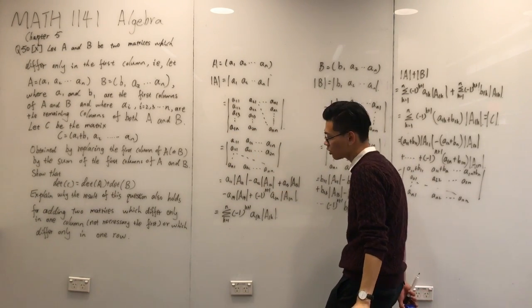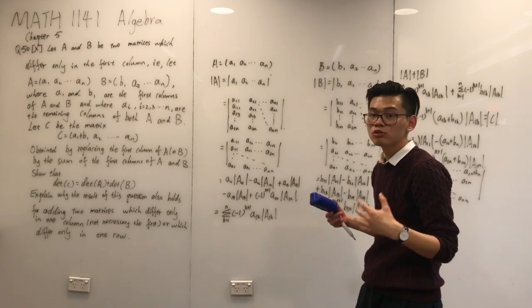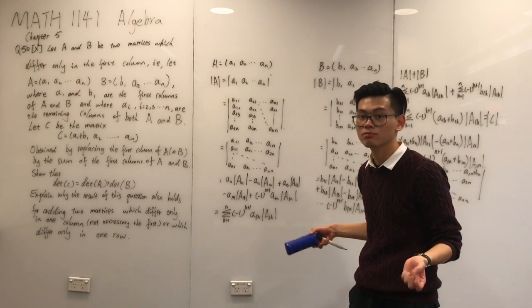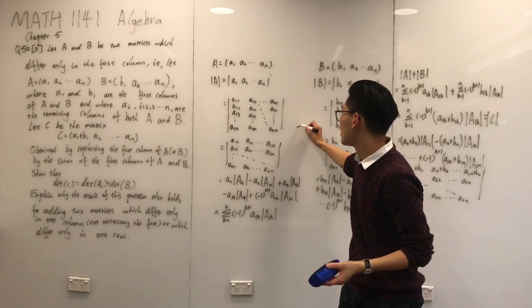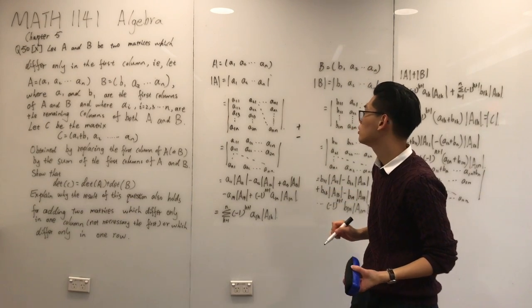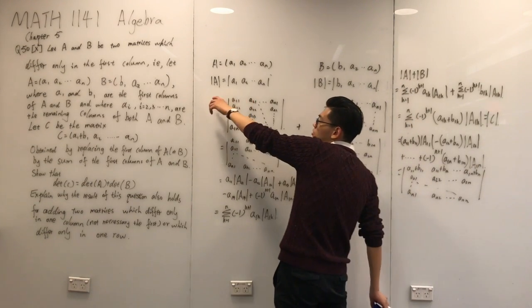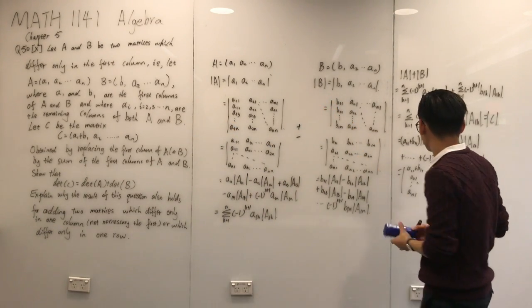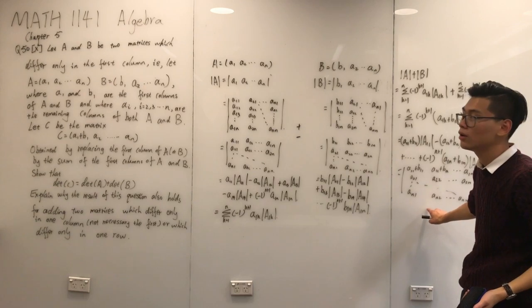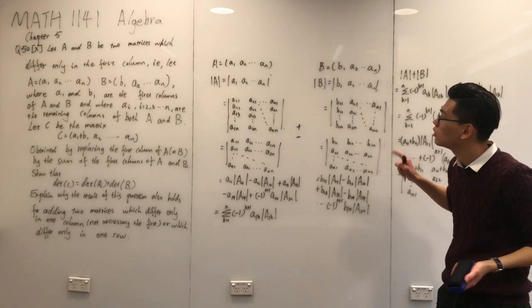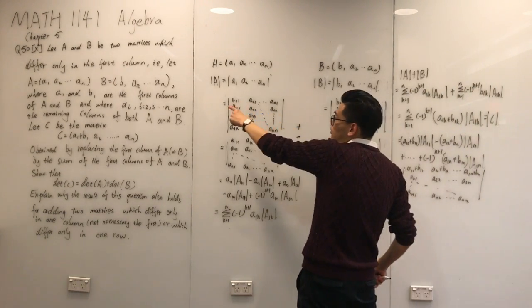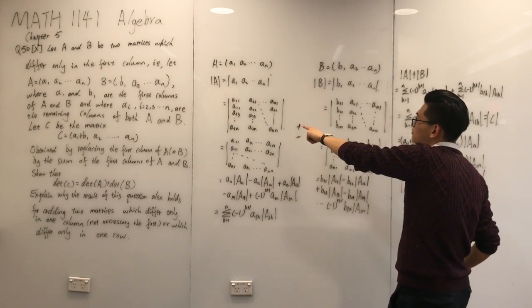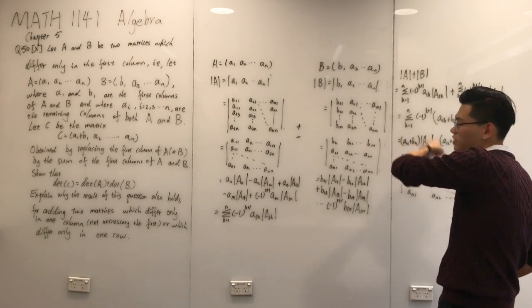And if we move the row or column, the only thing that changes is the sign, plus or minus. So we may get plus or minus determinant A, plus or minus determinant B, and plus or minus determinant C. But the important thing is the sign for A and the sign for B will be the same, and the same as the sign for C.